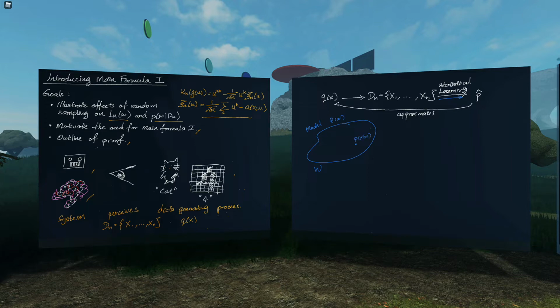Each point in this parameter space is a model, and this defines an important quantity called the log loss function. Let's recall its form again.